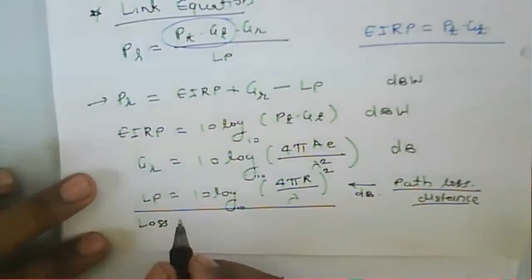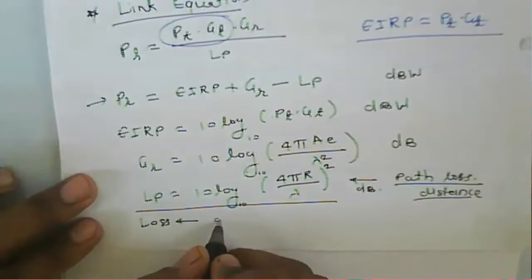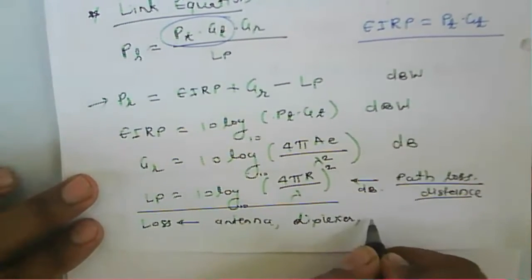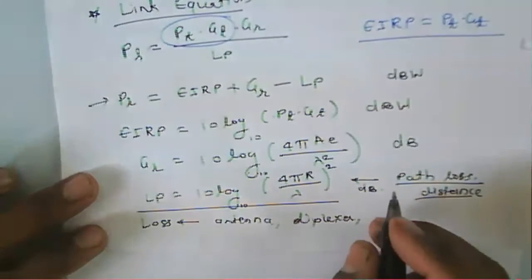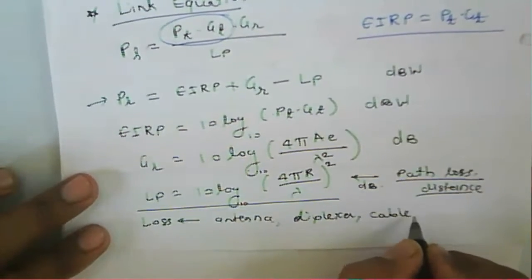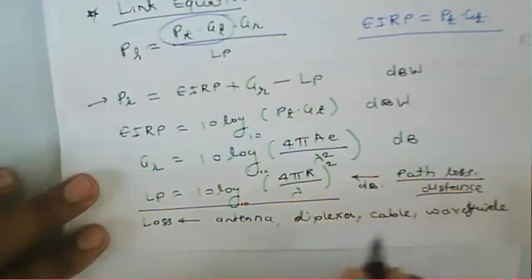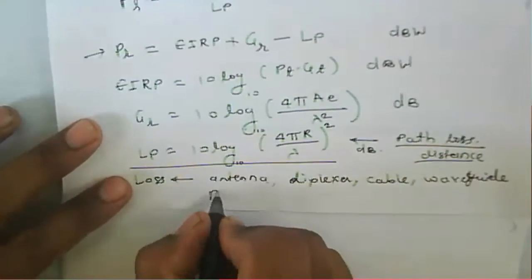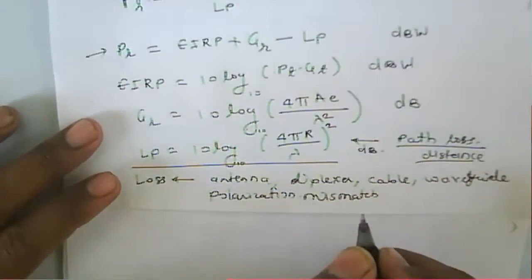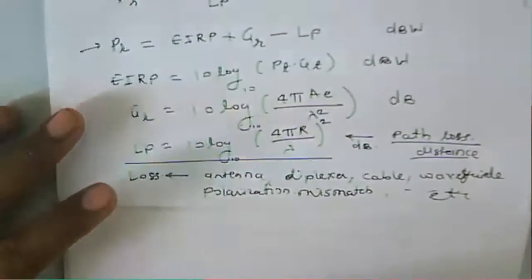These losses are the losses at the antennas, losses at the duplexer, losses at the receiver, losses in the cable, waveguide loss, and losses due to polarization mismatch, and some other losses.